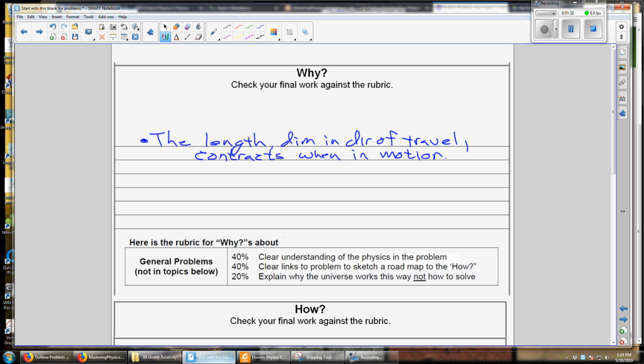I think that's the point that would need to be in there. And then, how about: only the length changes?